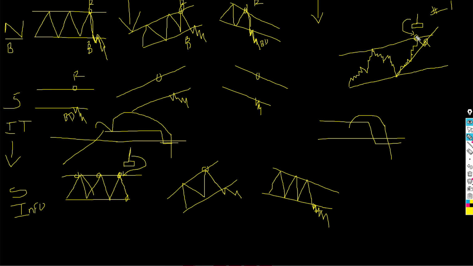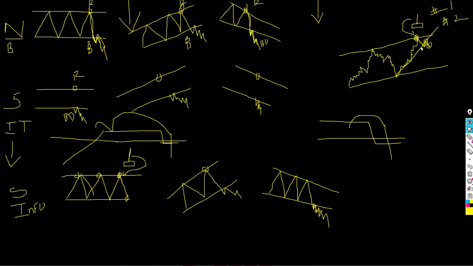Then if it breaks this trend line, retests and comes down, this is confirmation number 2. Then I'll be very comfortable deploying the put debit spread here. This is the beauty of the trend line.